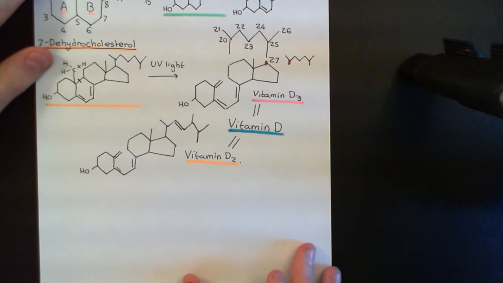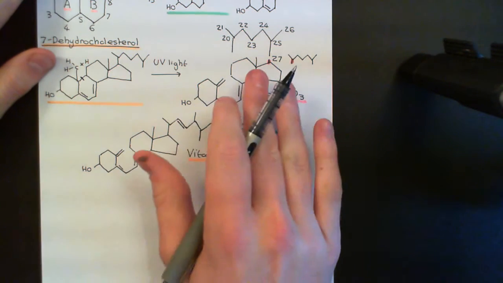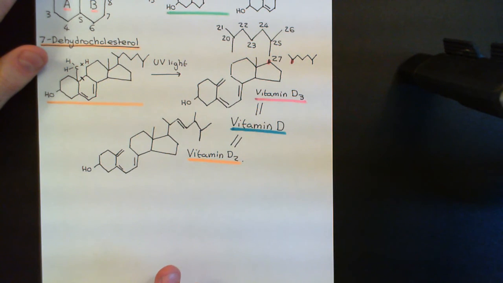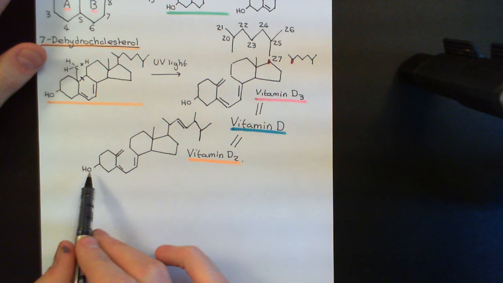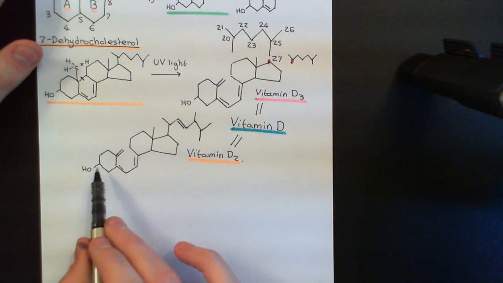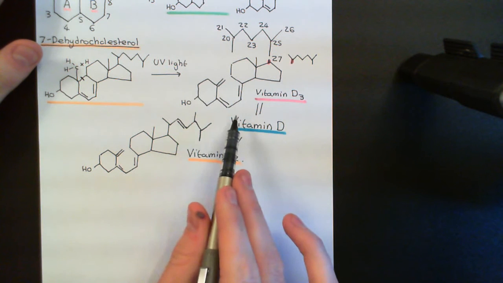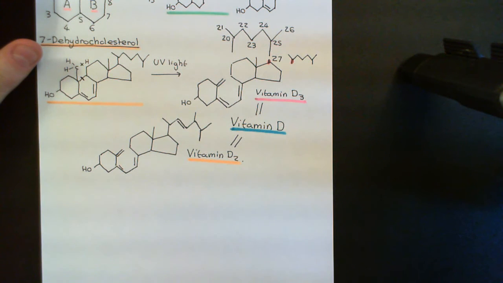Instead, it's much better dissolved in fat molecules. The reason for that is obvious when you look at the chemical structures of these two molecules. The only glimpse of polarity that either of these molecules has is the alcohol group of carbon-3. Everything else is incredibly non-polar and is therefore not going to dissolve well in water.